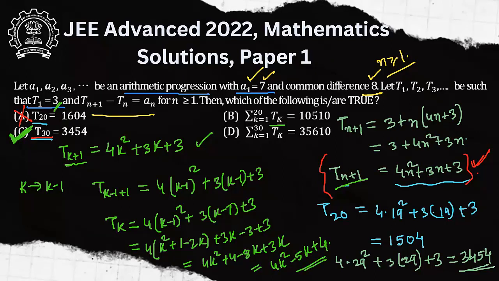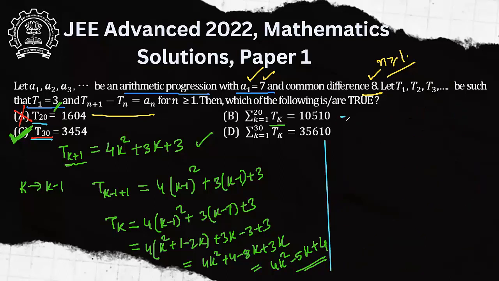So I have the expression for Tk now. Once I have the expression for Tk, that is 4k square minus 5k plus 4, I can evaluate the sum of the series. This series I can evaluate.